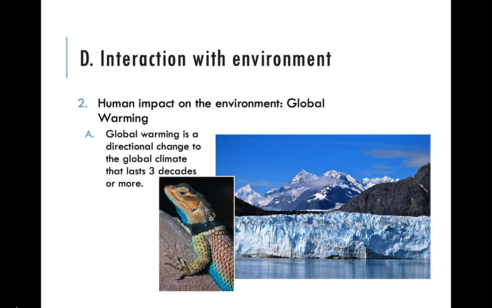And it causes a variety of problems. It raises sea levels, it shifts weather patterns, it expands the warmer regions farther north. This is important because it affects the habitats in which organisms live. The main cause of the human impact on global warming is burning of fossil fuels.